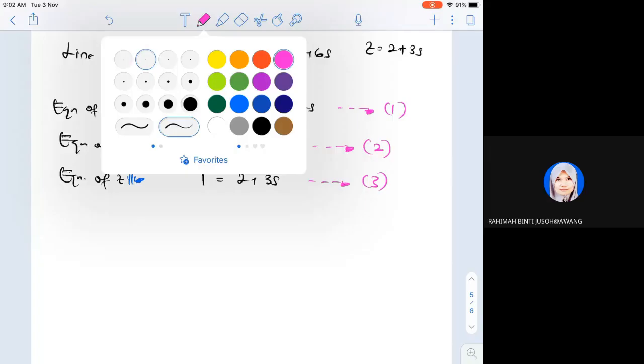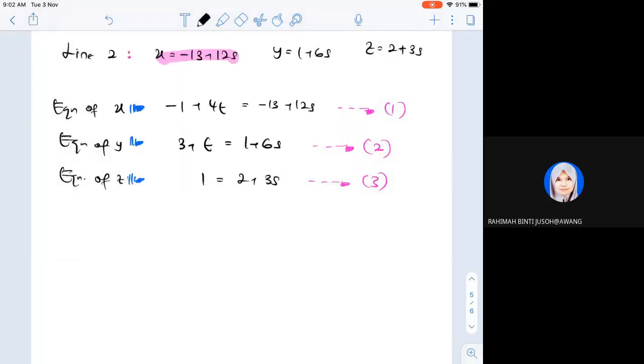Okay, just now I told you how we test whether the 2 lines intersect. We need to find the values of t and s that fulfill all of the 3 equations. So listen here carefully.